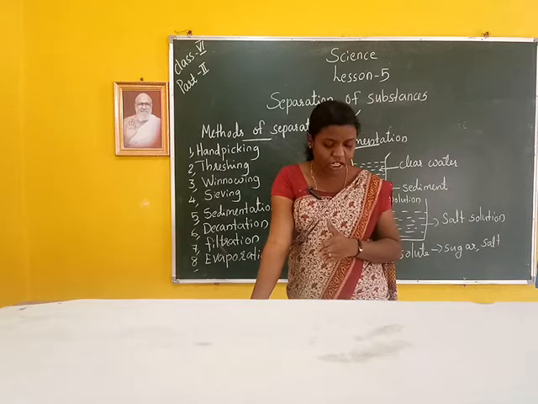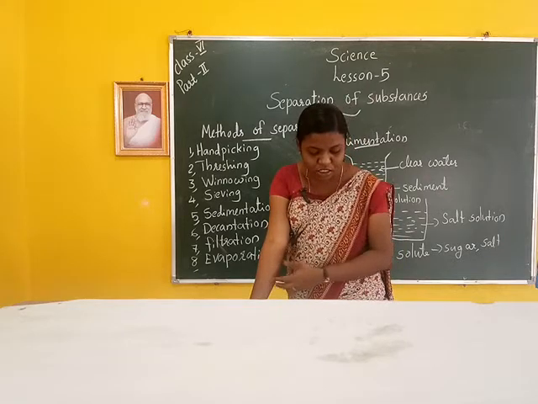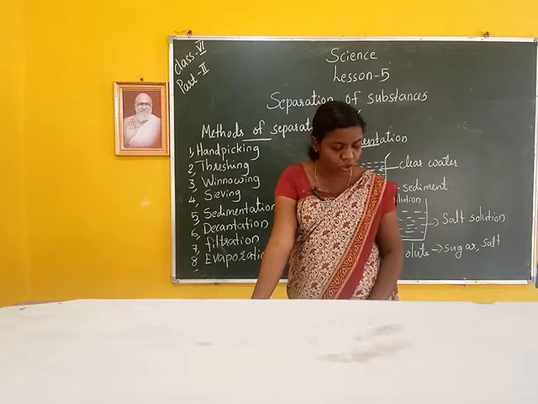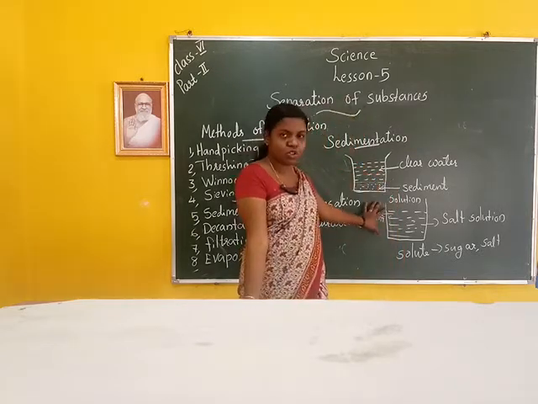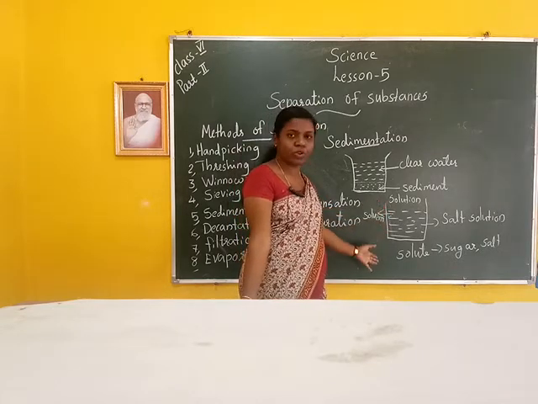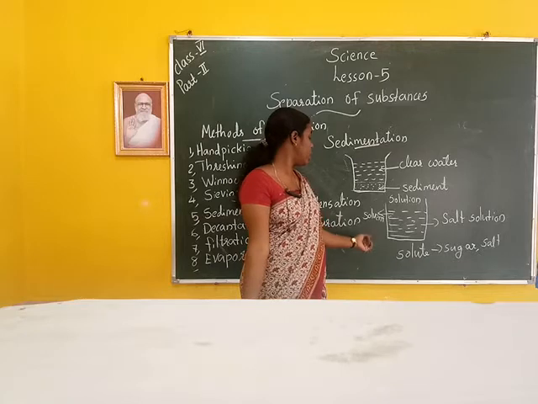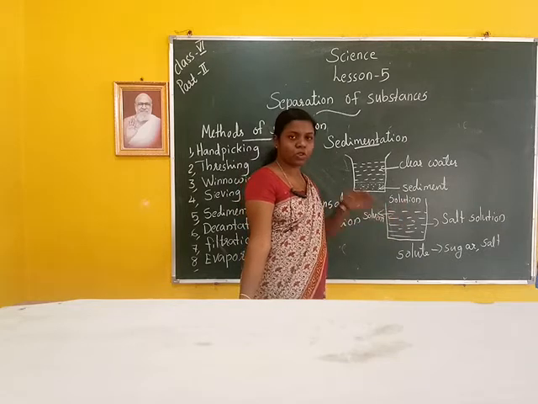Sugar in water, salt in water, etc. In the above two examples, sugar and salt are solutes and water is the solvent. This full mixture is known as a saturated solution.